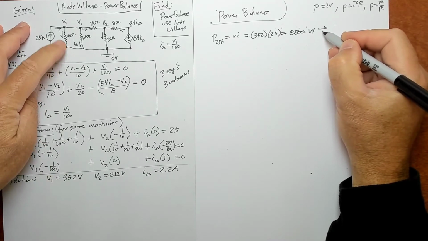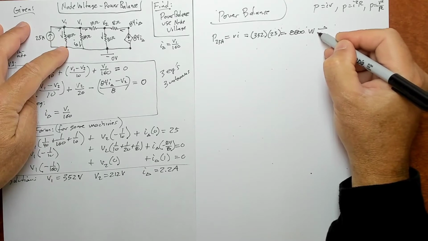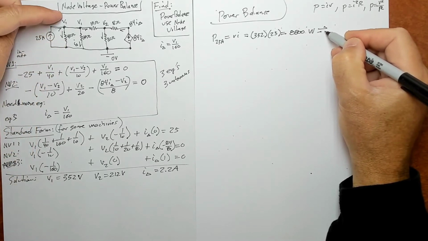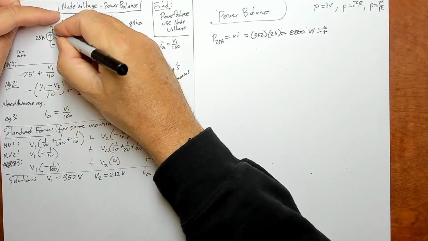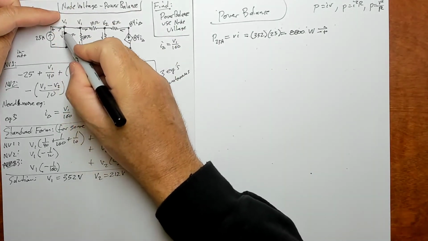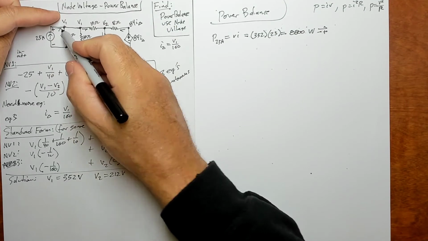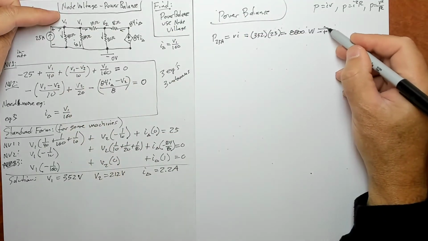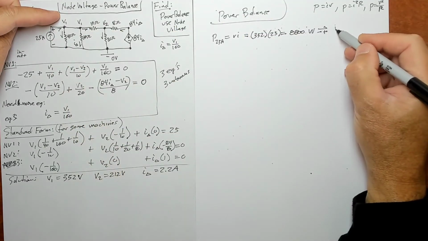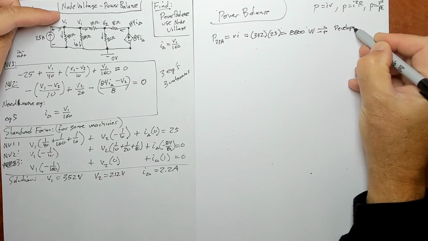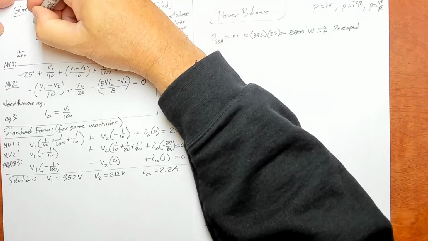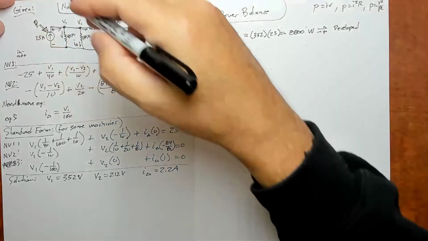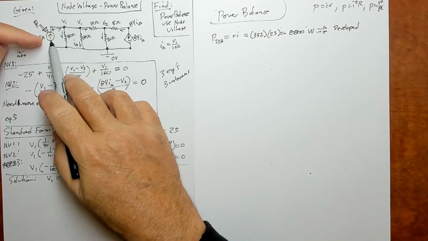So it's 0 volts on the bottom. That's less than 352 volts on the top. So really the sign is like this, rising from 0 to 352. So this arrangement right here is developed. That means there's power coming from outside the circuit into this circuit.